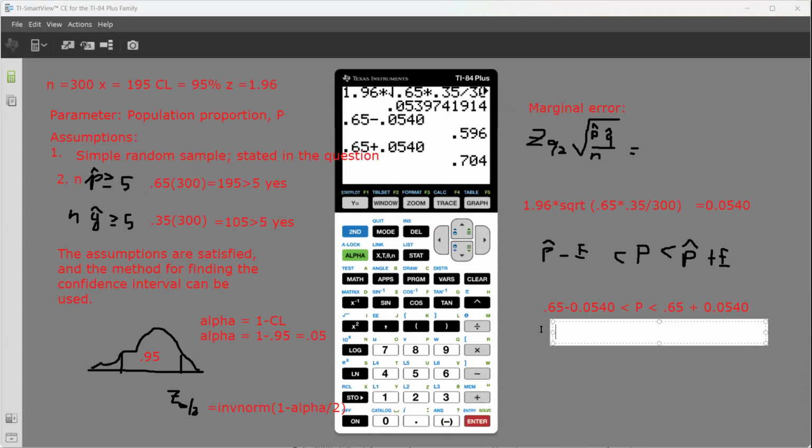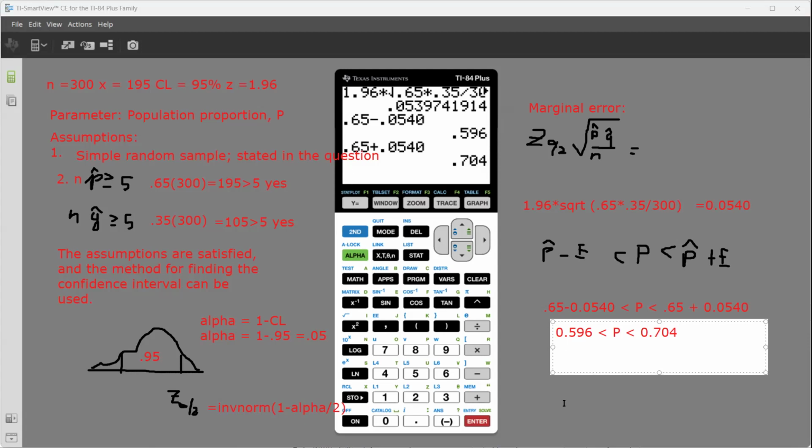So this becomes between 0.596, the 0 is optional here, but it makes it a little bit easier to read sometimes, less than P, less than 0.704. And then usually we convert to a percentage.